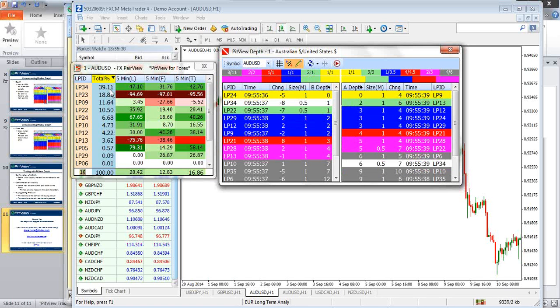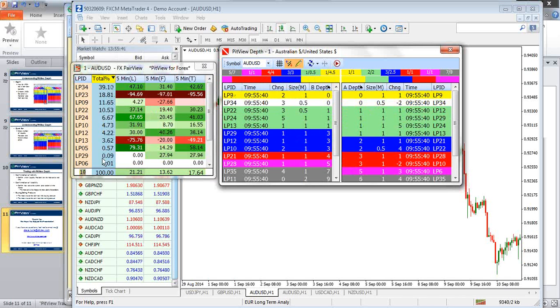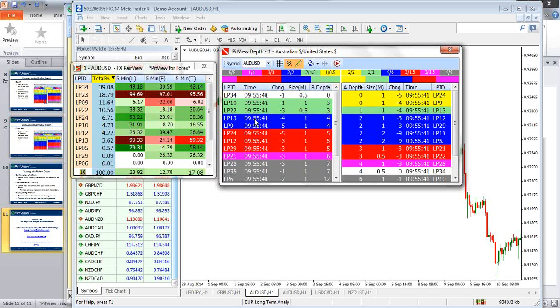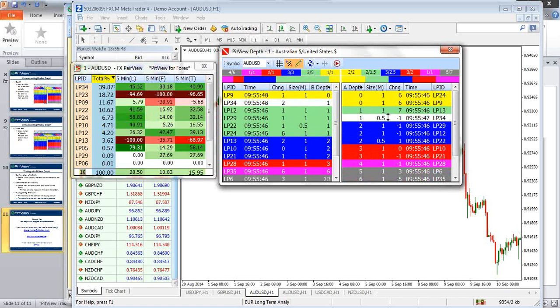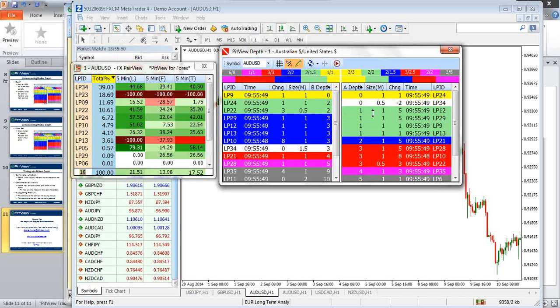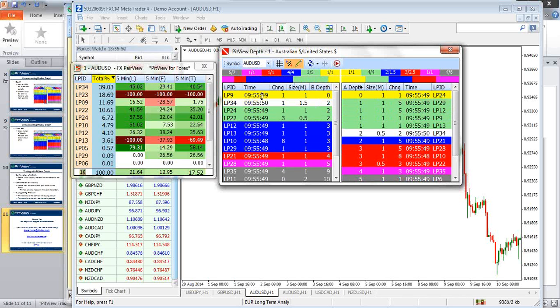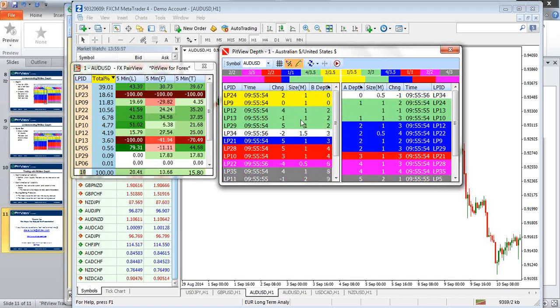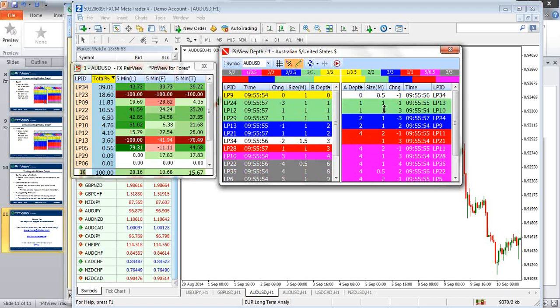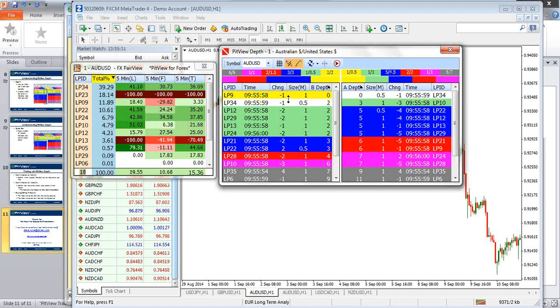Even if you're looking at it from the start of the session and it tells you LP34 has controlled 39% of the market maker activity, one thing PitView depth is going to do for me is confirm whether LP34 is still very active in the market or not as active. And you can see LP34 keeps on changing their bid and ask up to the top bid and ask prices. I have them highlighted in white. You can do that right up here.